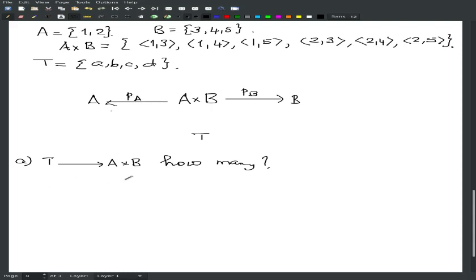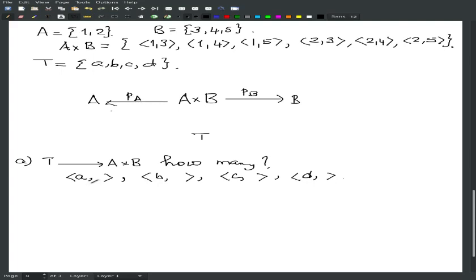Let's try and see. So you want to have a function, right? The function is a relation. You want to have, I'm not writing the second one, that's the blank place.